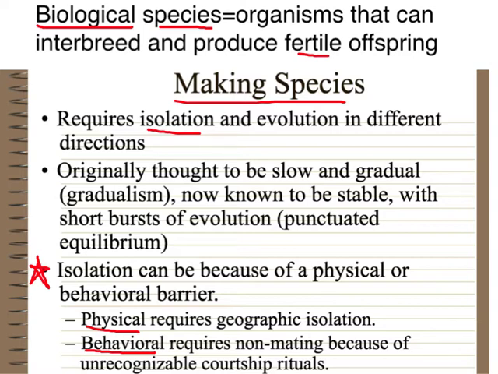All right, so there's two ways that you can get isolation, either physical or behavioral. The second thing that you need, though, is evolution in different directions. So you need these isolated groups of individuals to start evolving in different directions, and when they evolve in different directions, eventually they get to where they can no longer interbreed and produce fertile offspring. So that's how you make a species. You got to isolate, and then you got to bring them in different directions.